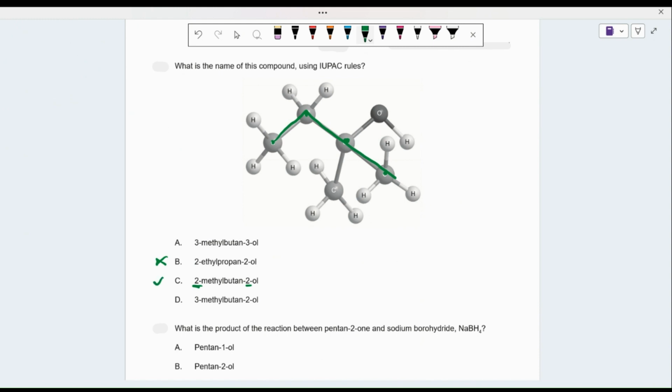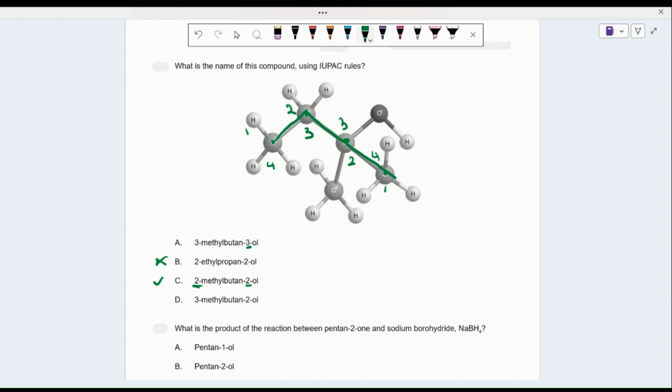Why is it not A? 3 methyl, 3-ol. Well, we know that the locant should be the lowest figure possible. So they are getting this 3 because instead of counting 1, 2, 3, 4, they are counting the other way, 1, 2, 3, 4.